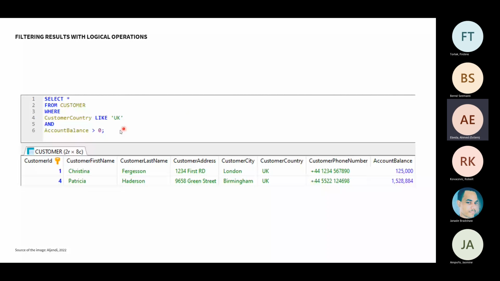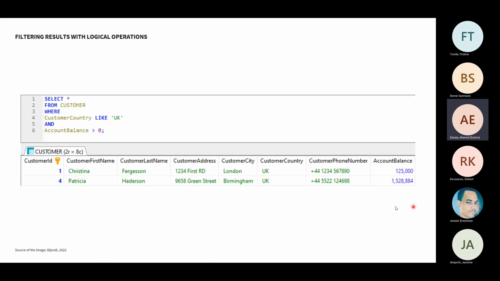Like if you say select asterisk from customer where customer country like UK and account balance bigger than 2 million. In this case, you need to satisfy the first condition and the second condition.